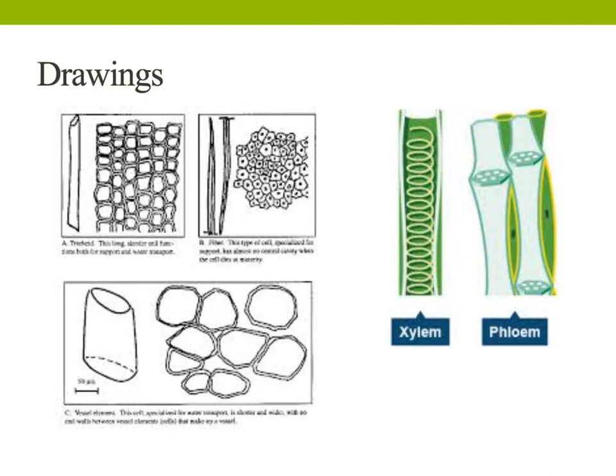And these next few slides show you some ways of drawing them, because that can be a bit difficult to draw from your slides. So here are some examples that you can use to help you. These are tracheids. These are vessel elements.